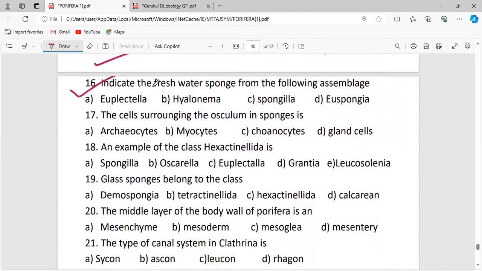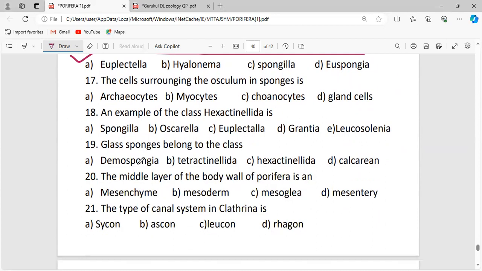Okay. Now, indicate the freshwater sponge from the following assemblage. Okay. Let me go through only the simple, important questions. Just tell me the cells surrounding the osculum in sponges. I have explained this multiple times. The cells surrounding the osculum in sponges is very good.